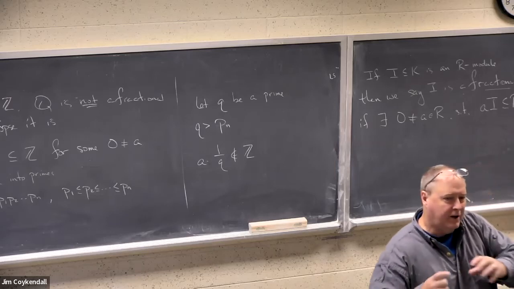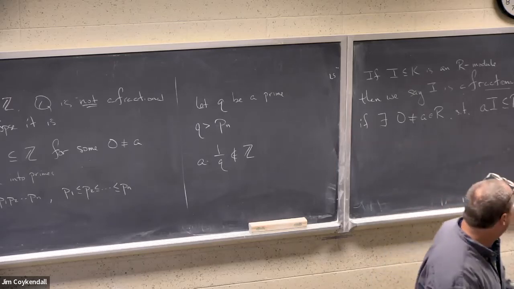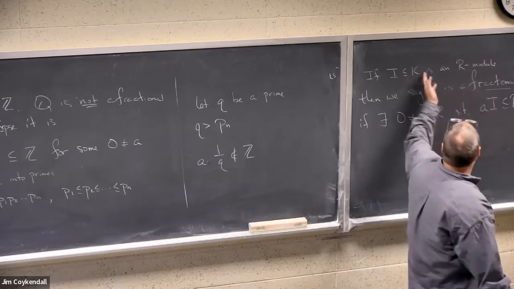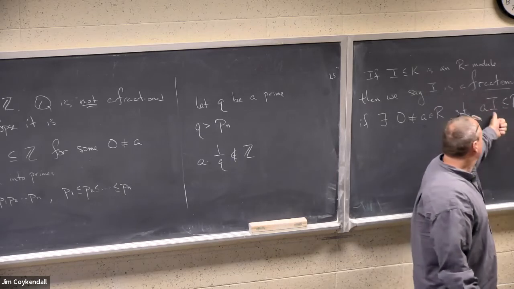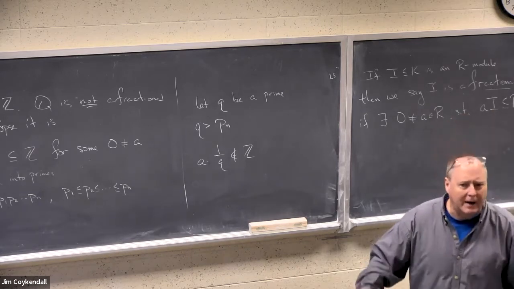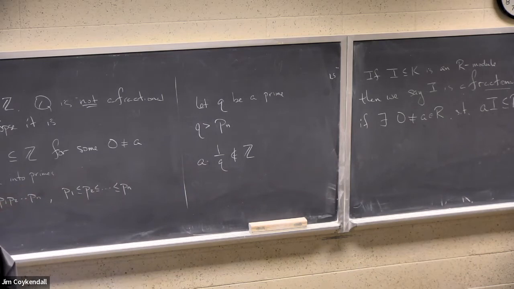And A is a common denominator that sweeps everything out. So what this means in a certain sense is I consists of fractions because it's in the quotient field, but all of those fractions can be found to have the common denominator A. So things don't get too out of hand, right? Okay, any questions?